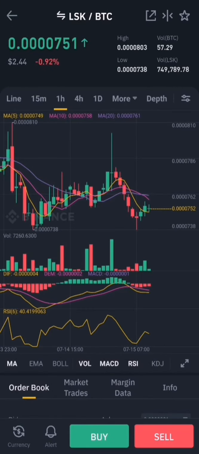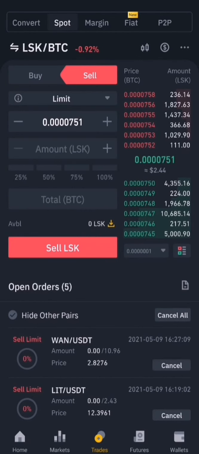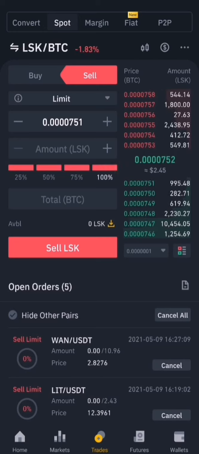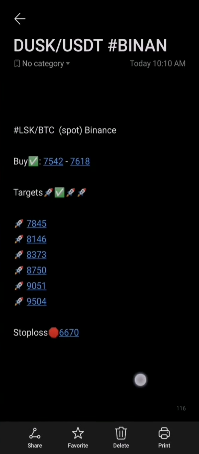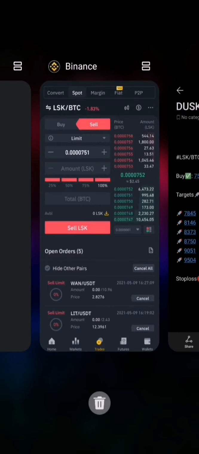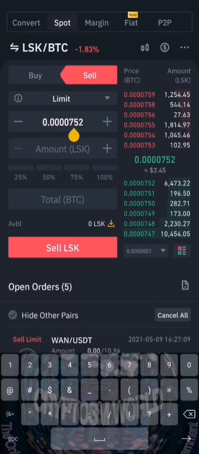Instead of clicking on the buy button, now I'll click on the sell button. Obviously I want to sell all my LSK when the price gets to 8373.